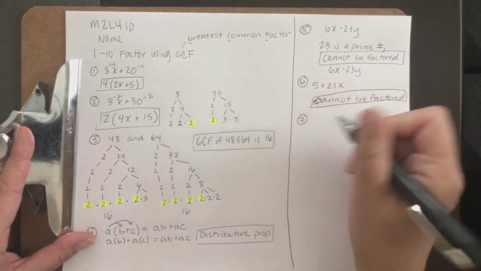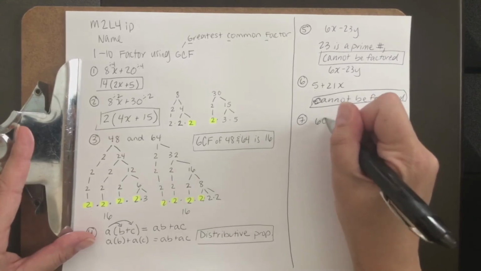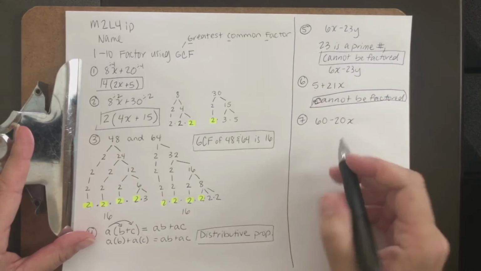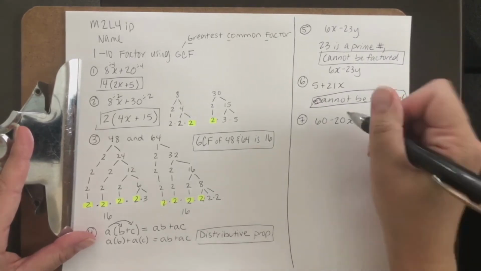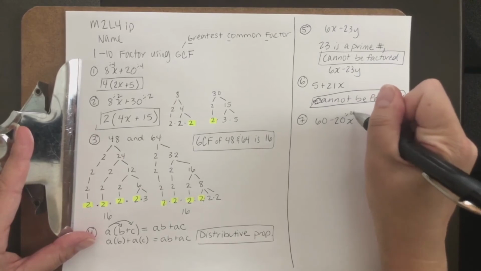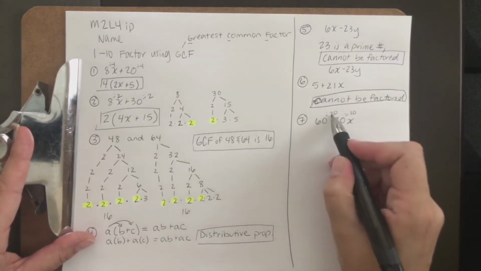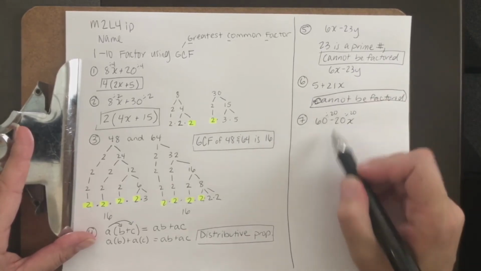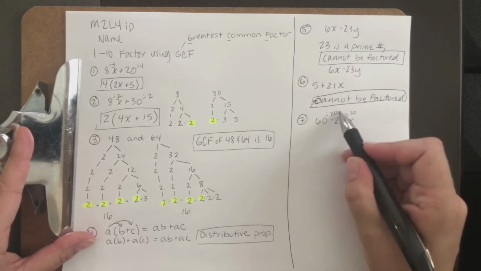Number 7. 60 minus 20x. Well, I know that 60 is divisible by 20, so let's divide out a 20. 60 divided by 20 is like 6 divided by 2, because the zeros cancel if we divide them by 10.